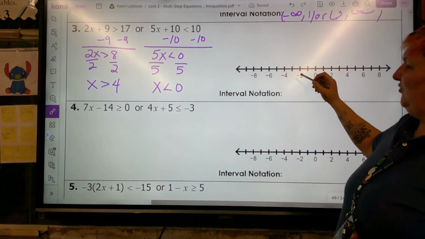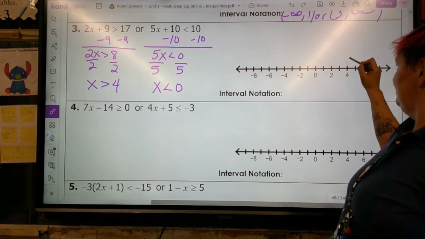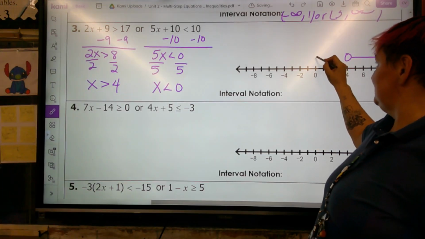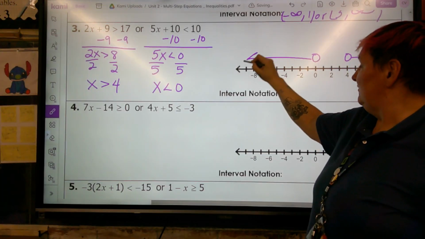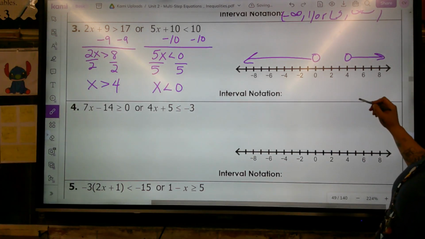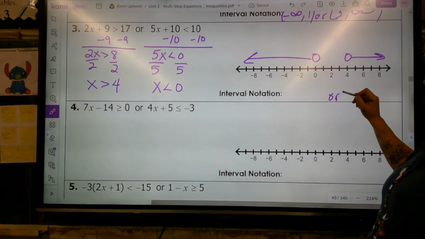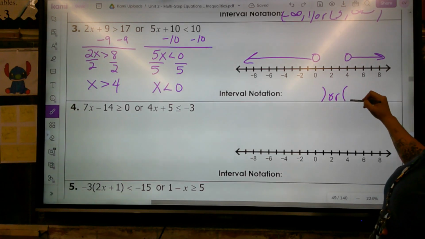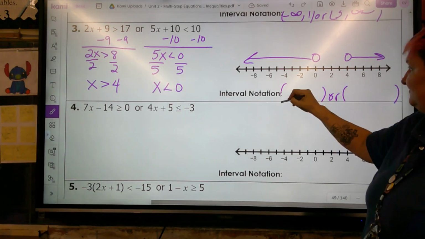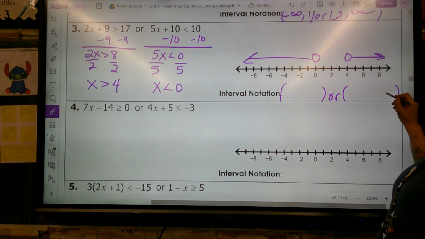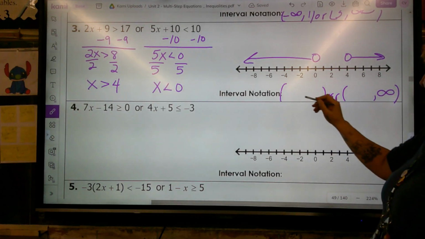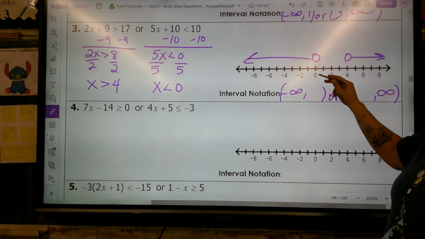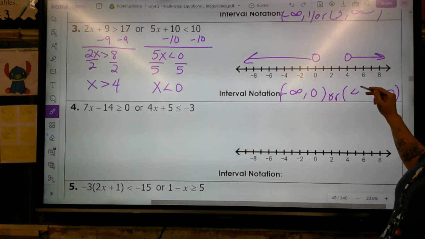Then graph the inequalities. x is greater than 4, but less than 0. Alright, so we're going to put the "or" in the middle. They're both open circles, so it's all going to be parentheses. It's going to go to infinity in this direction, and negative infinity in this direction. 0 here, 4 here.